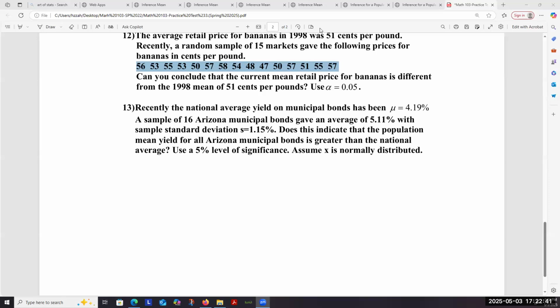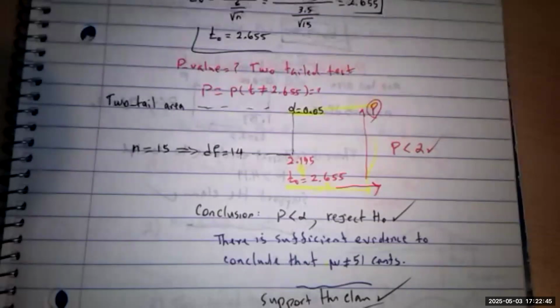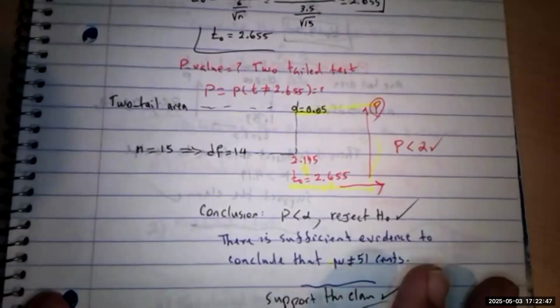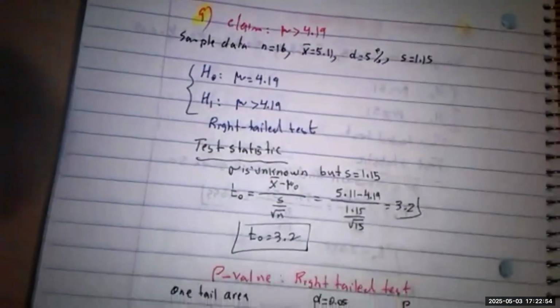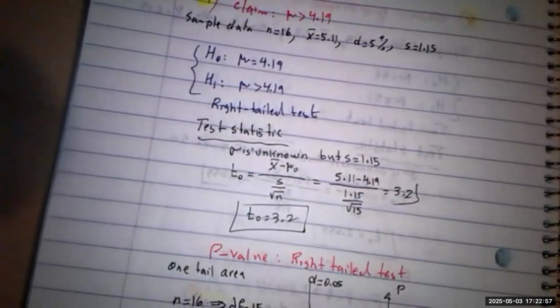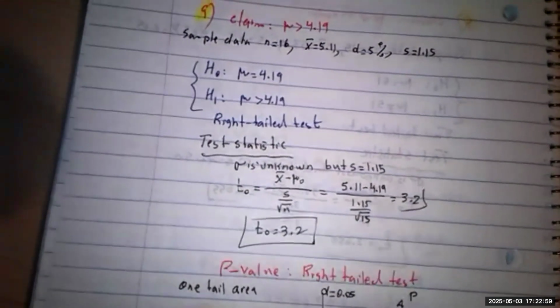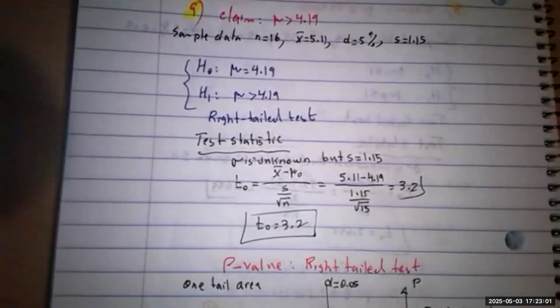Okay, either case is going to be all right. So going back, build this information. This is the information that we have. Okay, the claim is that mu is greater than 4.19. I didn't change it to decimals because all of them are given in percent, so that would be fine.